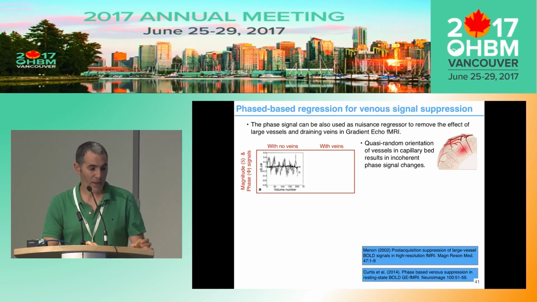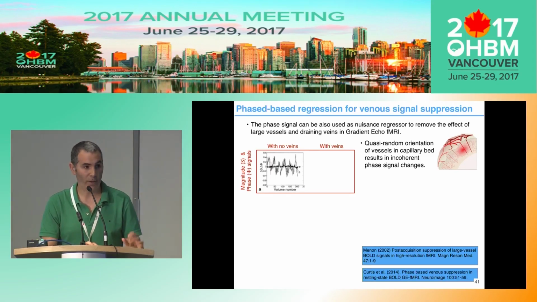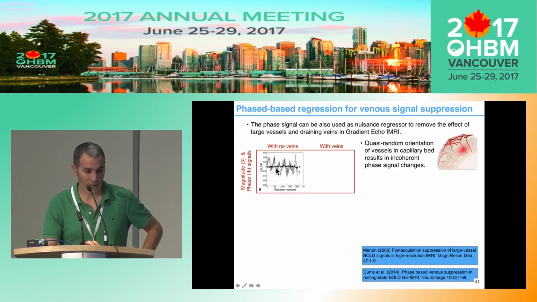So if you are in a voxel where you don't have veins or large arteries, the signal change to a stimulus will be seen in the magnitude of the signal, that is what we usually collect, but the phase signal will be independent of the task-related change.